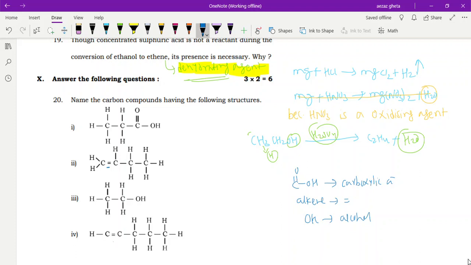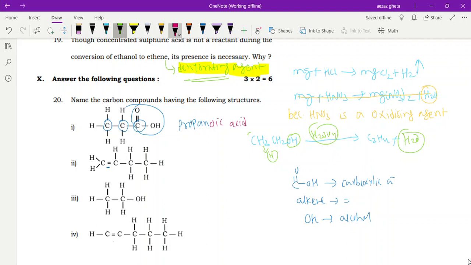We should count the number of carbons first: 1 carbon, 2 carbon, 3 carbon. So it would be propane. But here it is COOH, an acid, so you should remove the E and join oic acid. Propanoic acid.